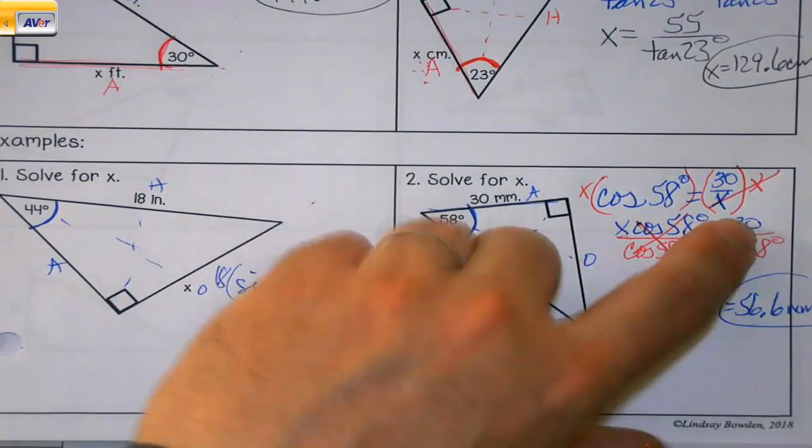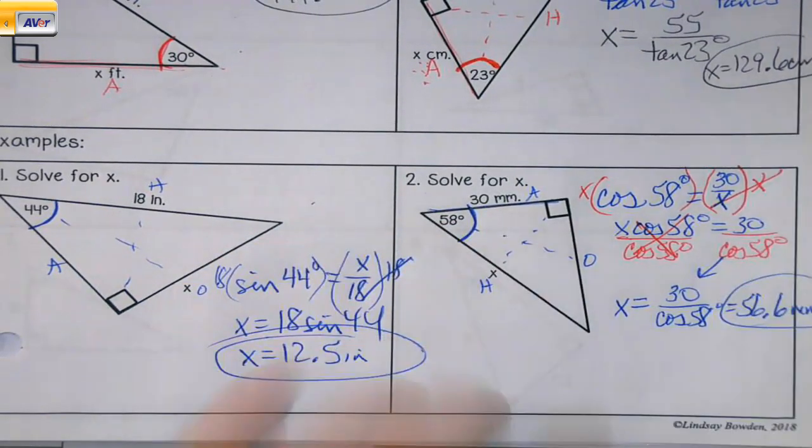X is alone. That's where this is coming from to get my solution. So for finding our regular right triangle trig sides, that's going to be the route we go. Tomorrow we'll be doing with angles and maybe a little bit of application stuff.